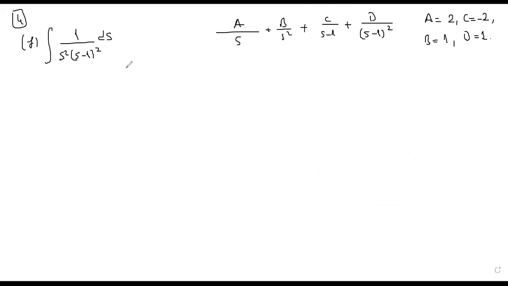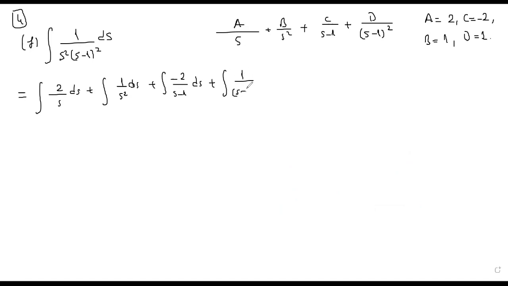So what do we get now? This is equal to, with a equal to 2, 2 over s ds plus 1 over s squared ds, and with c equal to minus 2, minus 2 over s minus 1 ds, and d equal to 1, so 1 over s minus 1 squared ds.